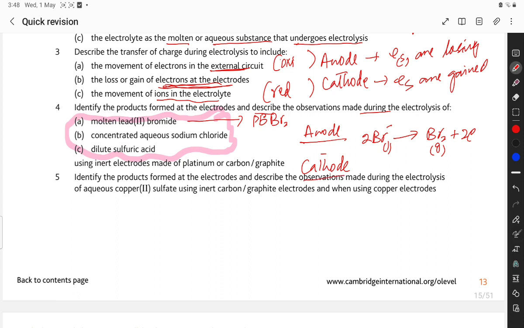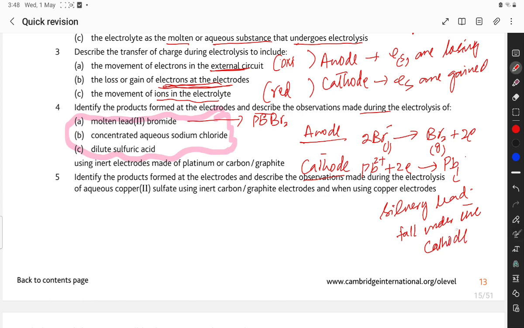Now at the cathode, lead gains electron to form Pb, and the observation is silvery lead deposited under the cathode, not on the cathode, it falls under the cathode because this is the heavier metal. And in case of bromine, brown fumes or orange fumes.